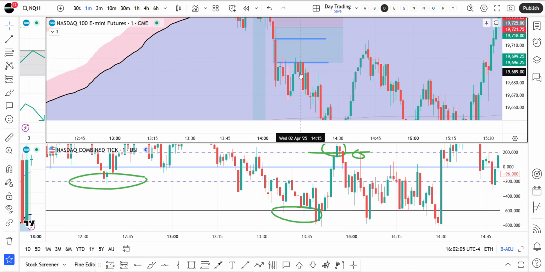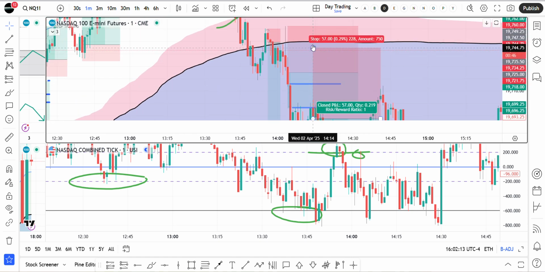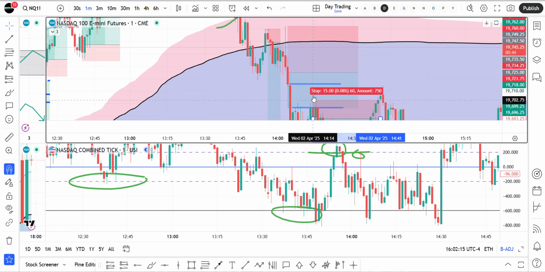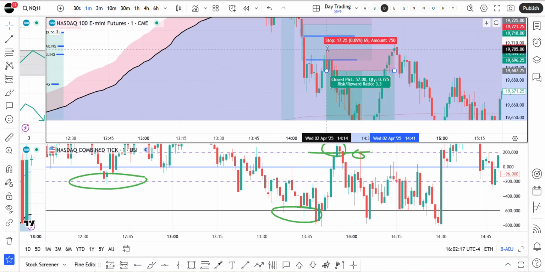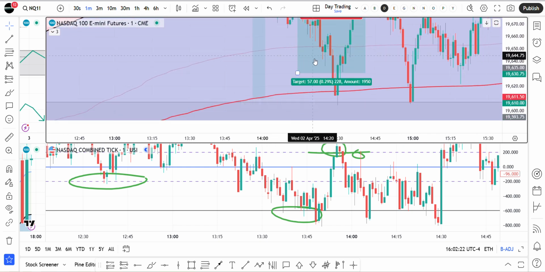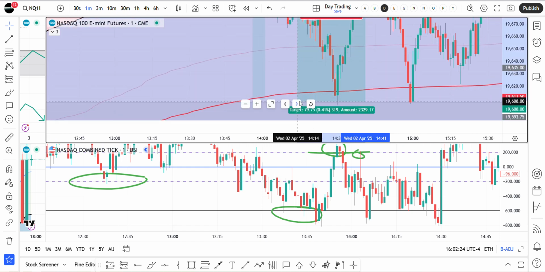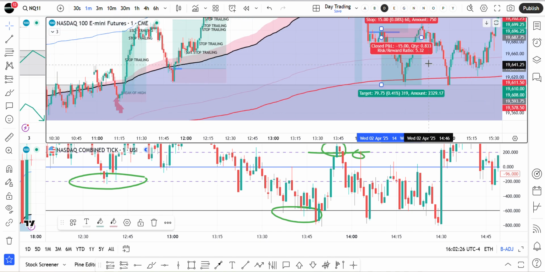Next one, 1414. That one pushes below the next candle. And that is a good short. Obviously, it's a good short because you can see it in hindsight, but boom. Stop at the high. Target is VWAP, the market profile.